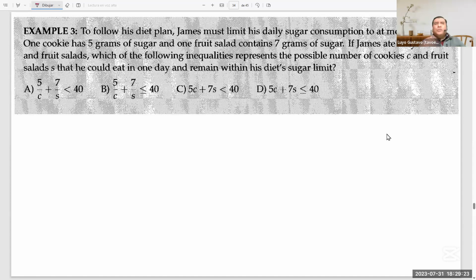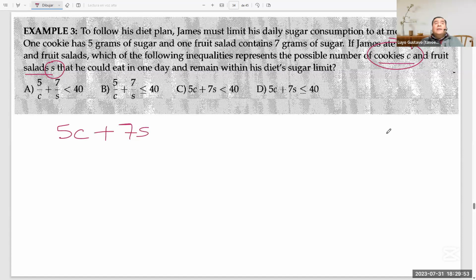So what is the total sugar you consume eating C cookies and S fruit salads? If you ate C cookies, multiply by 5 to get the total grams of the cookies, so 5 times C. What about the total sugar in the fruit salads? One fruit salad, 7 grams. So S fruit salads, S times 7, 7S.